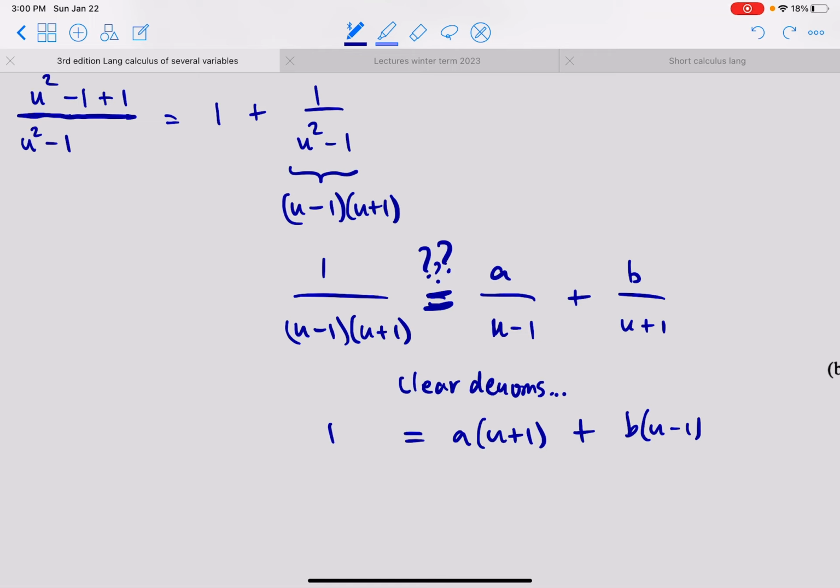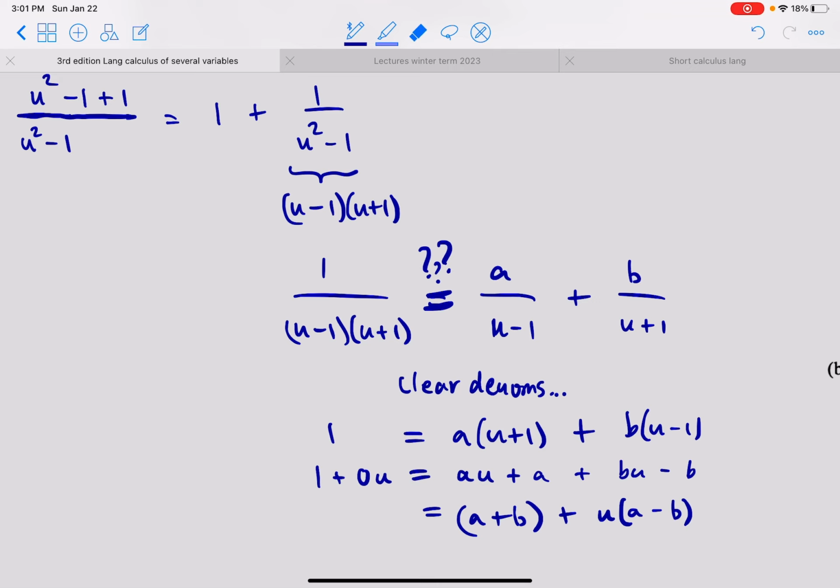Pause the video if you want to check this. Now, the 1 is secretly 1 plus 0u. And over here I get au plus a plus bu minus b, which is a plus b plus u times a minus b.